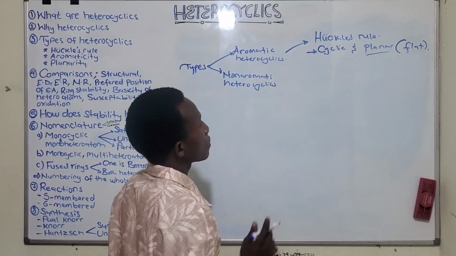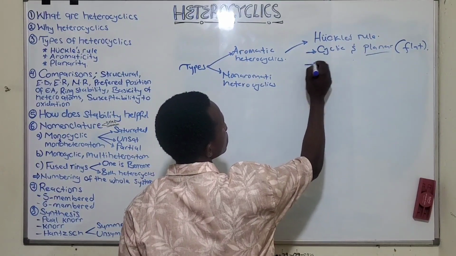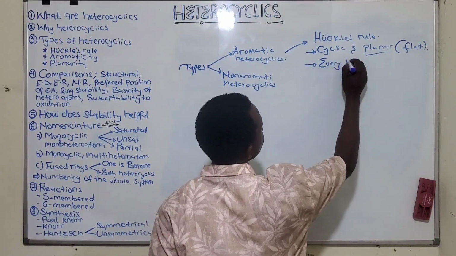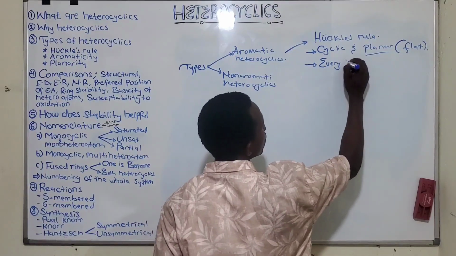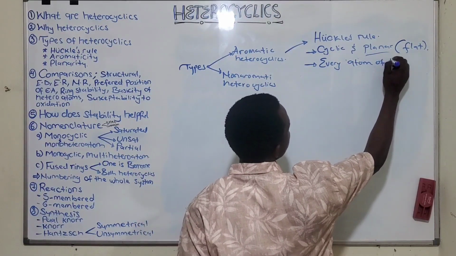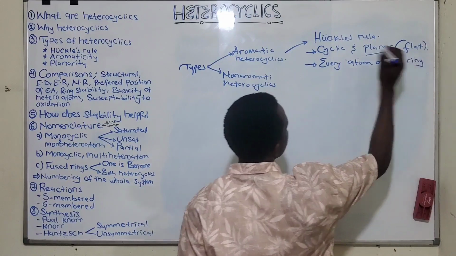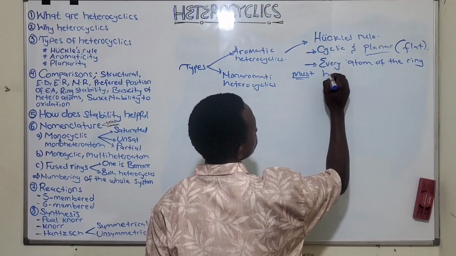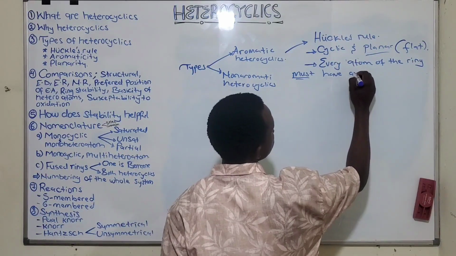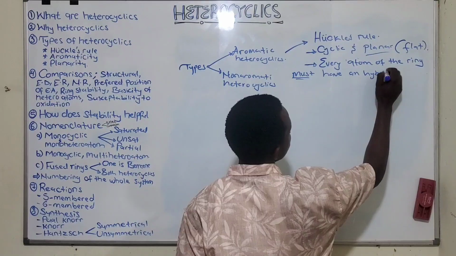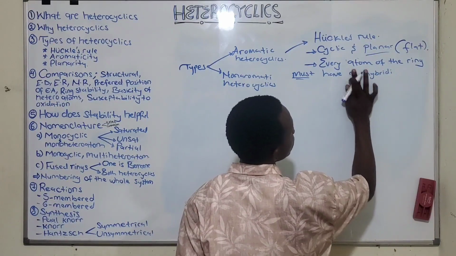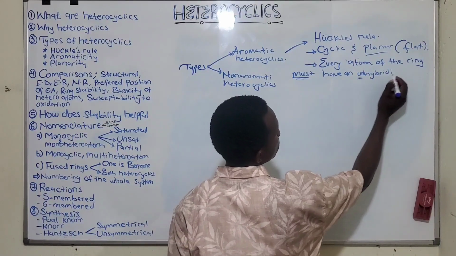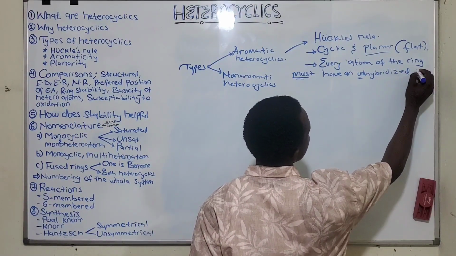That is one criterion. Another one: every atom of the ring, every heteroatom, must have an unhybridized p orbital.